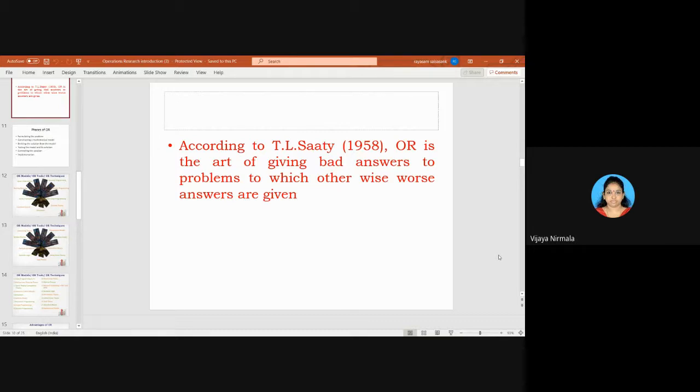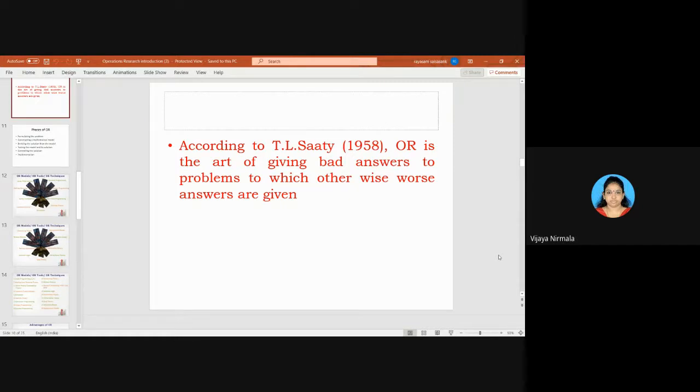You may ask, madam, you said that you get profits and we have used operations research but we have not got profits, which means I have taken a bad decision instead of the worst decision. That is, you got a bad answer instead of worse answers. That is the definition said by T.L. Saaty in 1958.